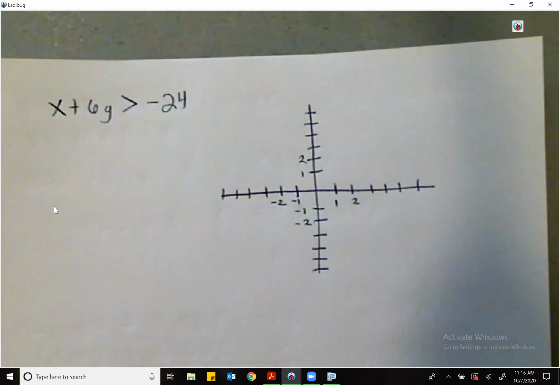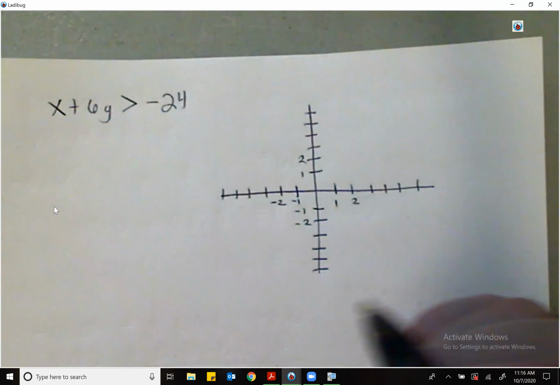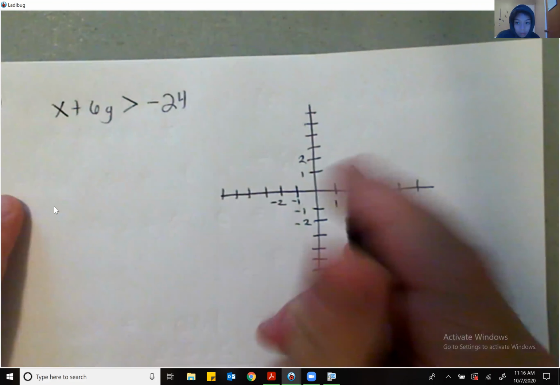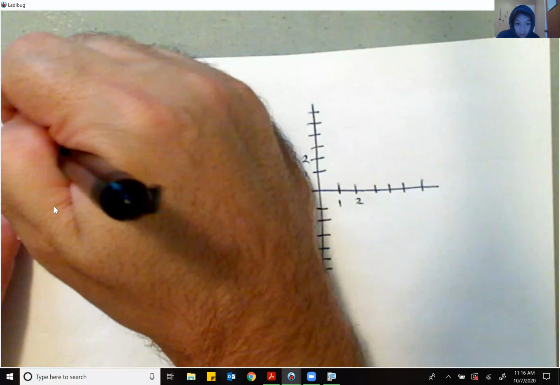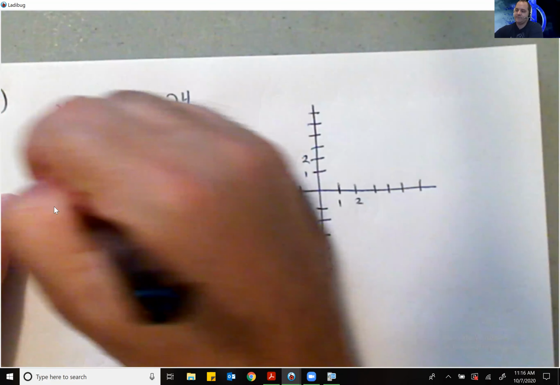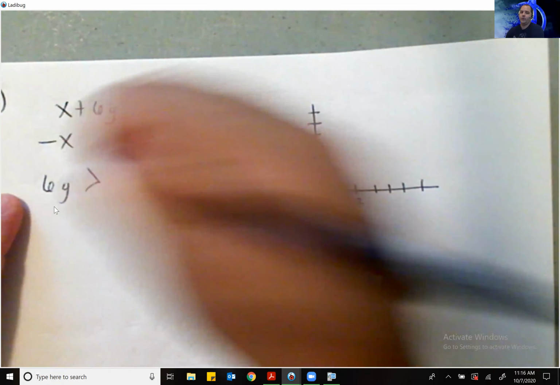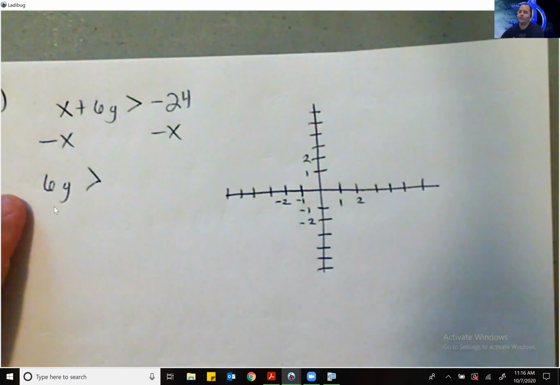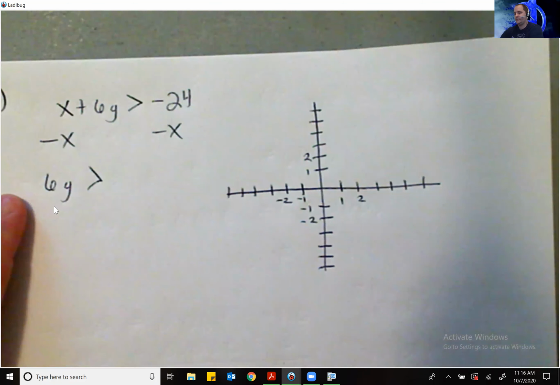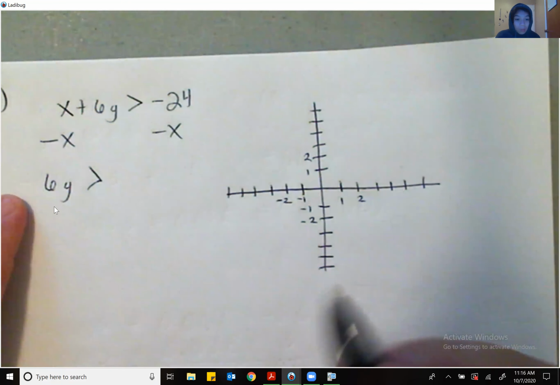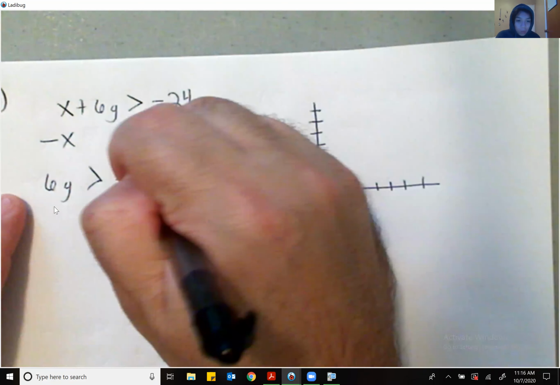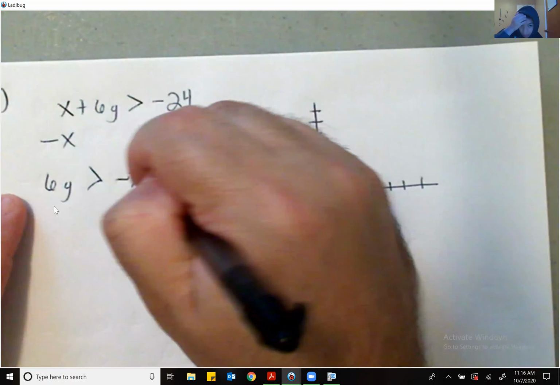You subtract it. Minus x, minus x. So we have 6y greater than negative x minus 24.